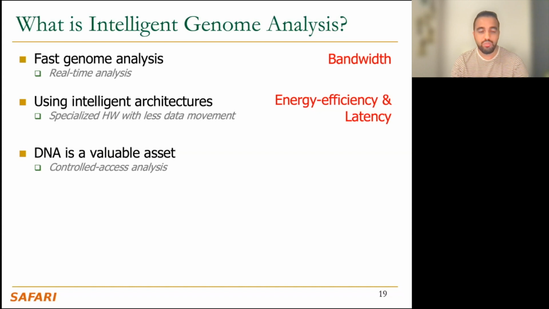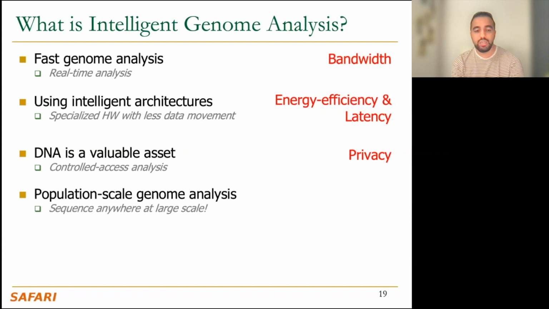You don't want to tell everyone that you have this disease and that disease, because you might be blocked from, for example, health insurance policies. That is raising concern about privacy, not only security. So security and privacy are both really important to DNA sequences or genomic material in general.